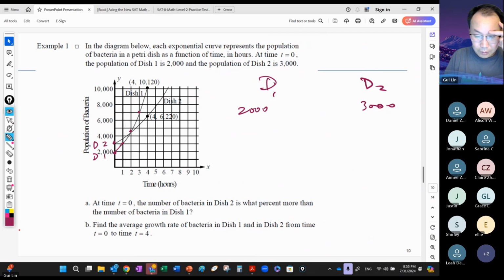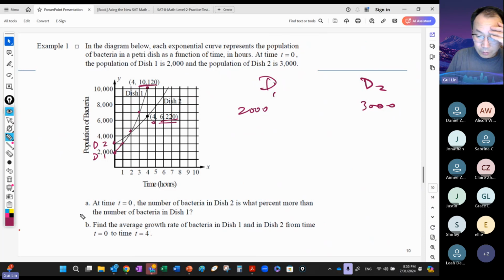It goes up to here, and dish 2 grows a little bit slower, but it is still exponentially increasing. And at time 4 it goes up to 6,220.